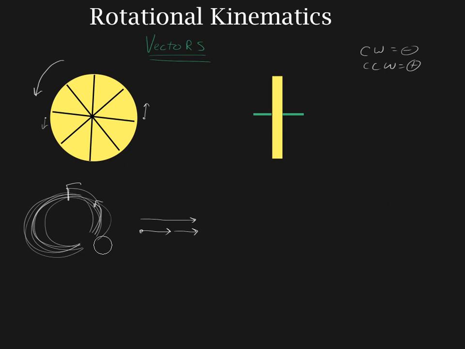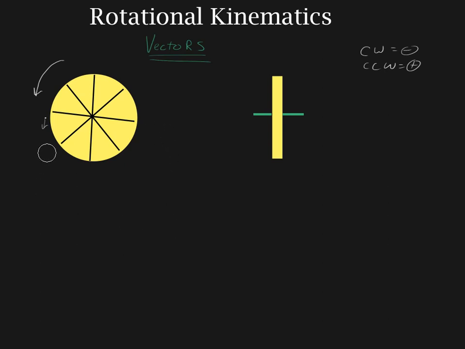So in order to resolve this conflict, what we're going to have to do is change our way of thinking a little bit. And the way this works is the right-hand rule. And the right-hand rule has you use your right hand, and if this wheel is rotating in this counterclockwise direction, then your hand will be positioned like this.